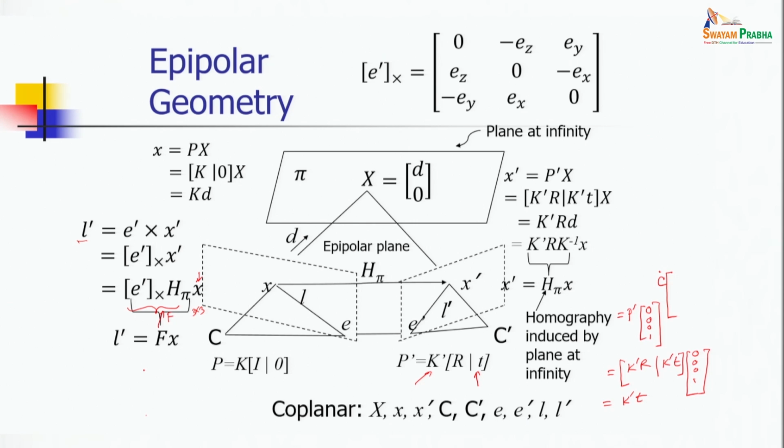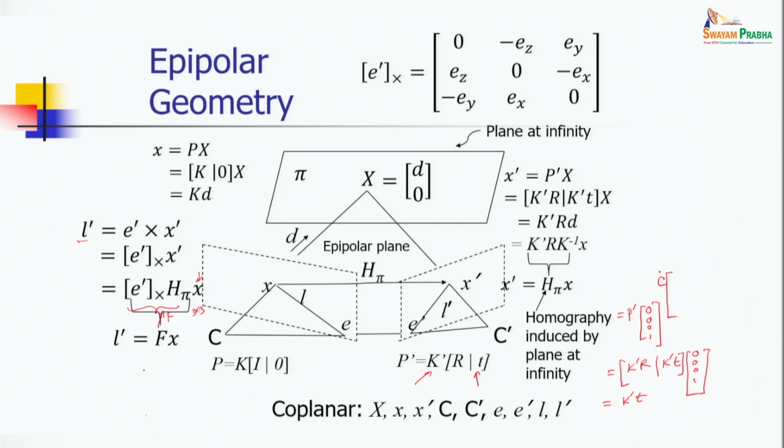F is independent of your observation points. It is totally formed, or totally derived, from the parameters of the stereo geometry. That means projection matrices.